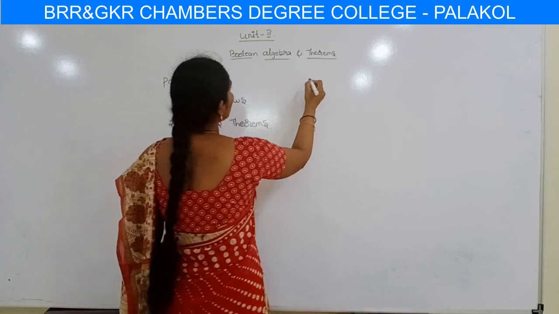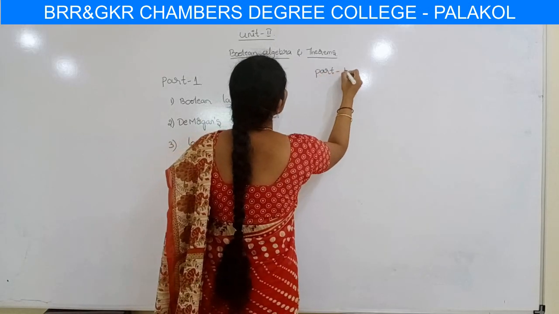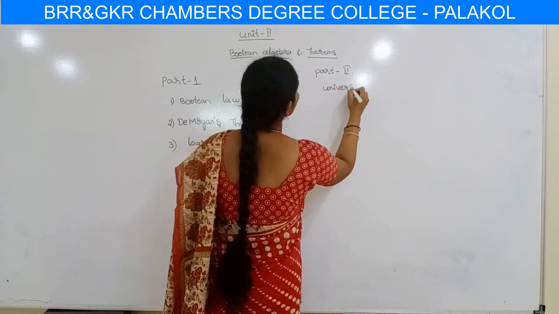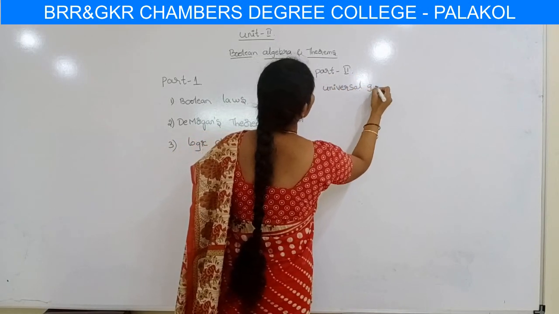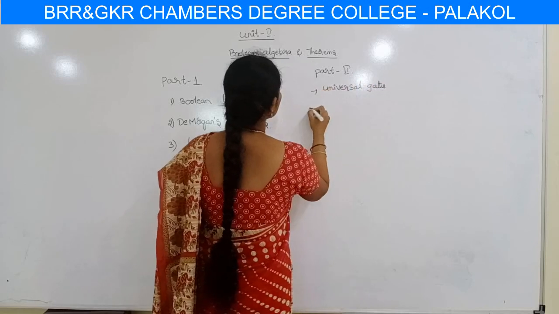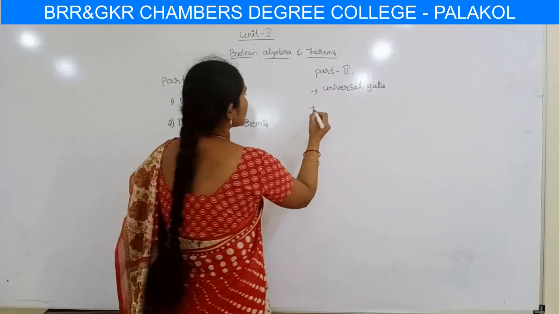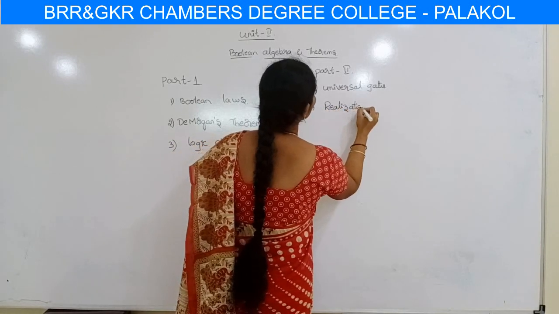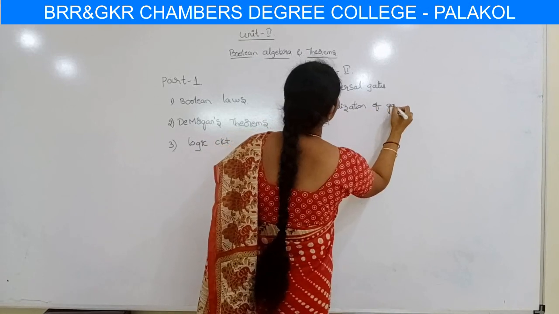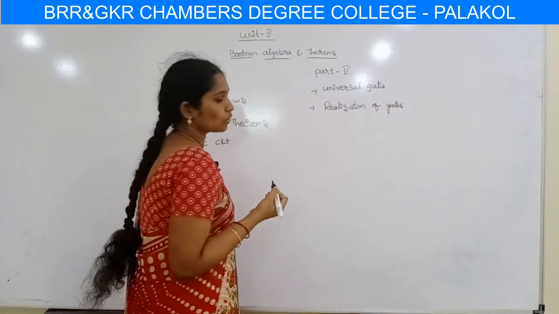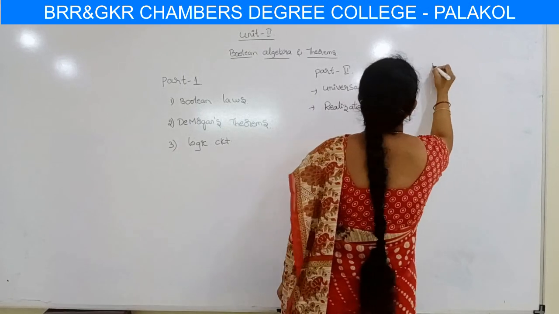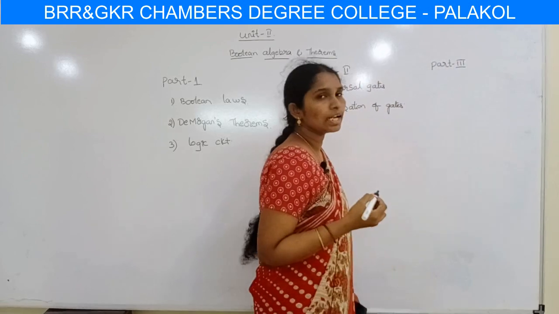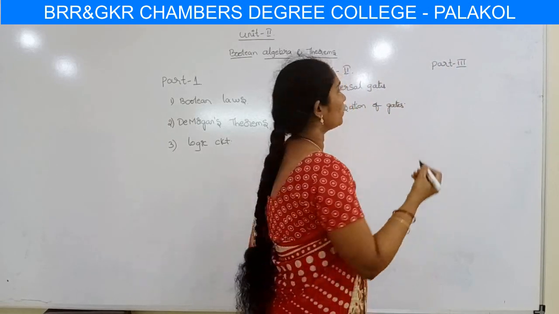Now part number 2 is universal gates, and the next one is realization of gates. Part number 3 is standard form representation and K-map representation.